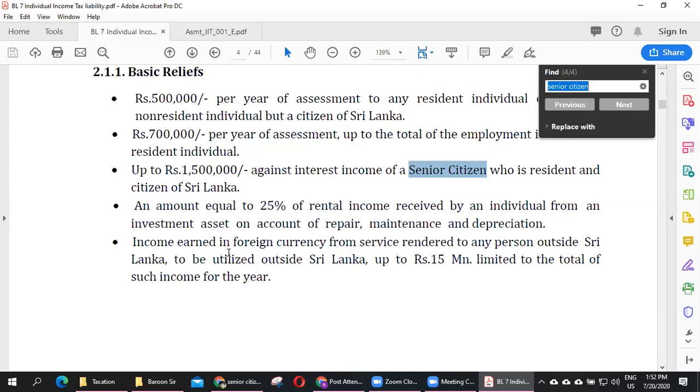There are some costs. Therefore, the government has given you 25% of rent income as relief. So for example, if you are receiving 100,000 as rent income for that year, 25%, how much?